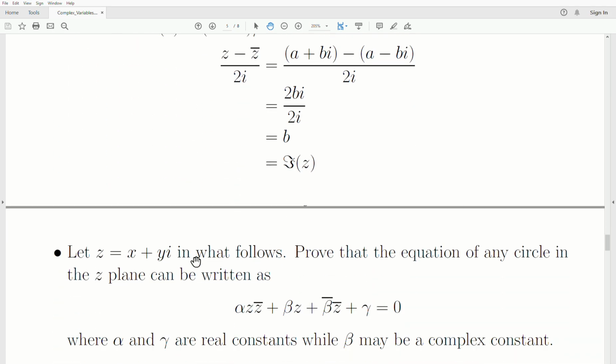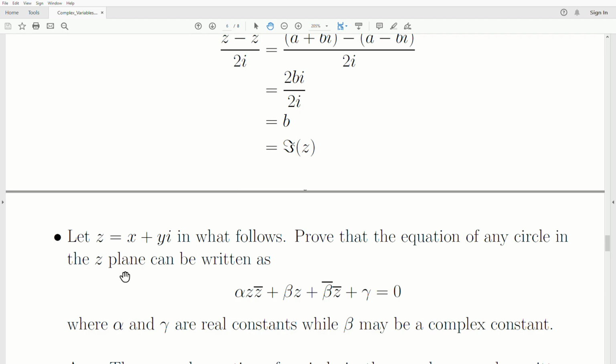Now, in what follows, to me, it's helpful to describe the complex number as x plus yi. When we're converting from the xy plane to the complex plane, it's just easier for me to think about it like this. So in what follows, this is the new general form of the complex number. And we want to prove that the equation of any circle in the z plane can be written in this form.